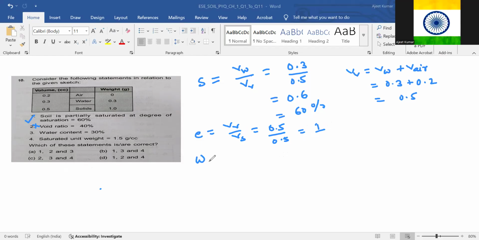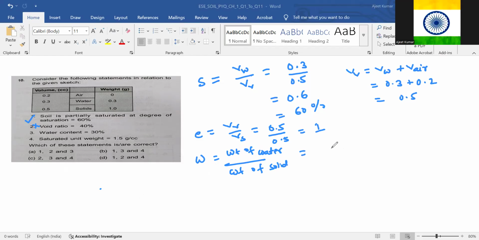Statement 3, what it says, water content. So you know water content w is equal to weight of water divided by weight of solid.